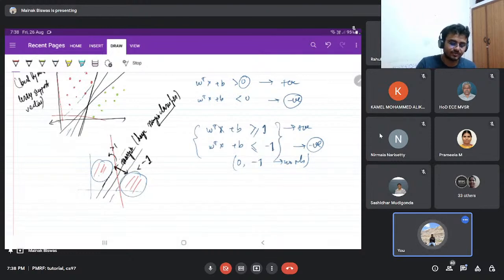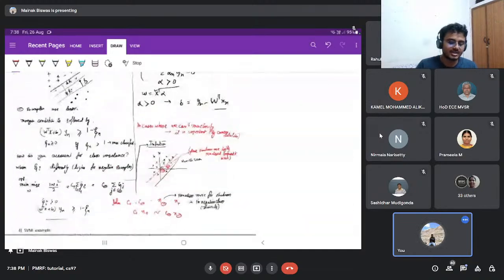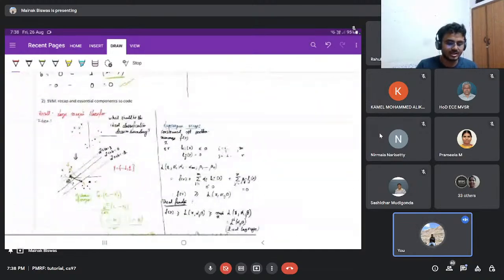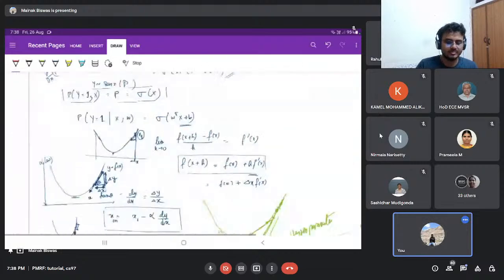SVM does that. It creates the best plane so that the distributions are highly separated. So let's see how you will solve this. Let's first do the basics of this.